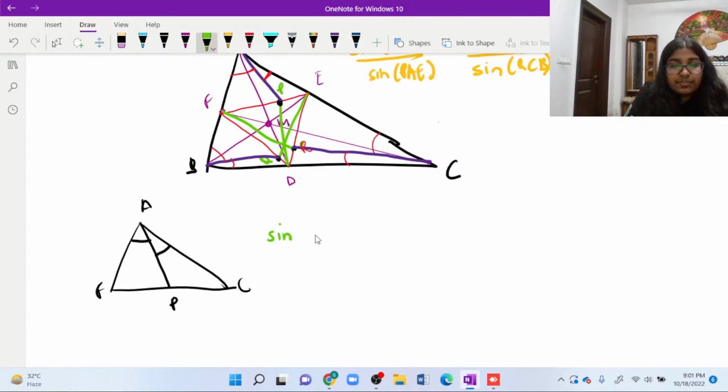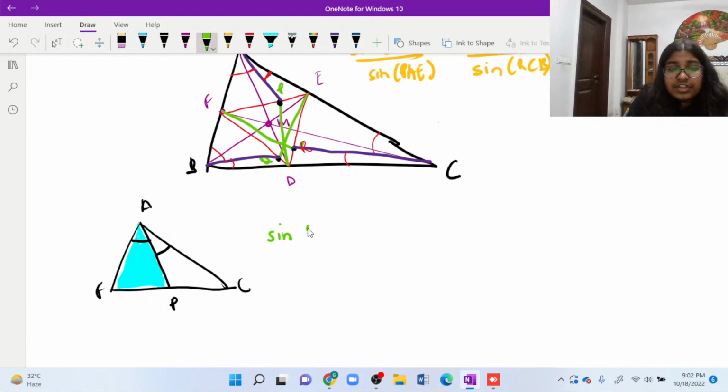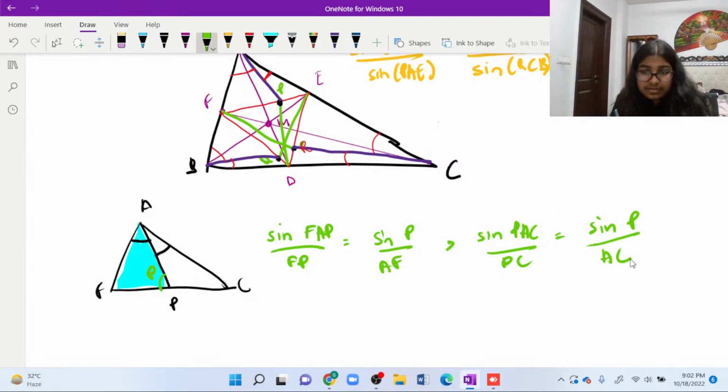If we apply the sine rule in this triangle, let this angle be P. Then sine of FAP by FP equals sine P by AF, and sine of PAC by PC equals sine of 180 minus P, which is the same as sine P, by AC.